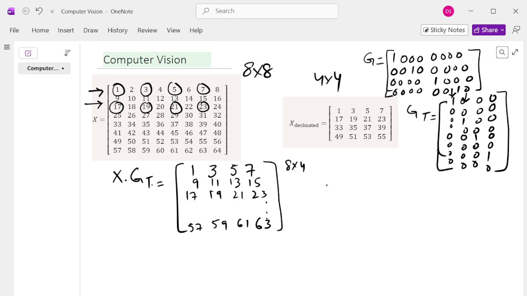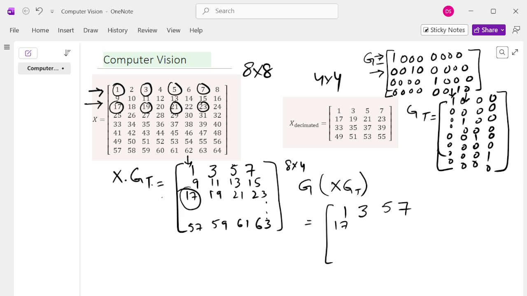rows, and for that we would be basically doing the operation of x of gt, and that would be multiplied by the g. So in this way, this would be our first row, this would be our first column, and if you do this operation, then you would be getting 1, then first row second column, so this would be 3, first row third column, first row fourth column, then second row and first column, so this would be selecting this 17.